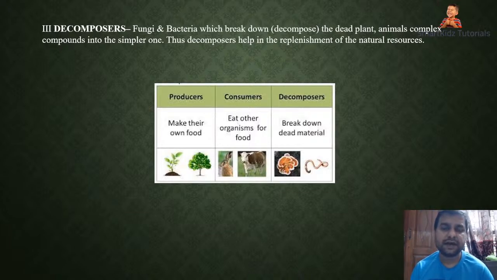Okay, but most importantly, they play a significant role in the environment because they break down complex material into simpler ones. Okay, simpler molecules. Remember, we living individuals are made up of complex molecules, where simpler molecules get together to form complex molecules.